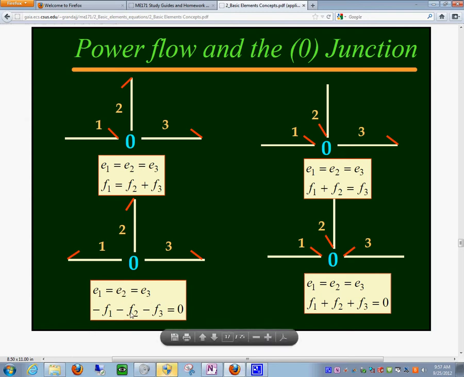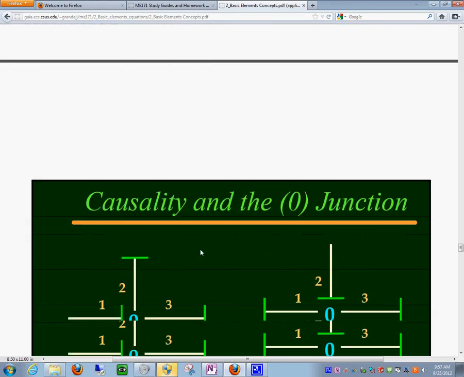What I also find very nice is to have the convention that anything that comes in is positive, anything that goes out is negative, and that's how I wrote this. Look at this one, all three come in. Same thing. Sum of all three equals 0. Yeah? Any questions about this?